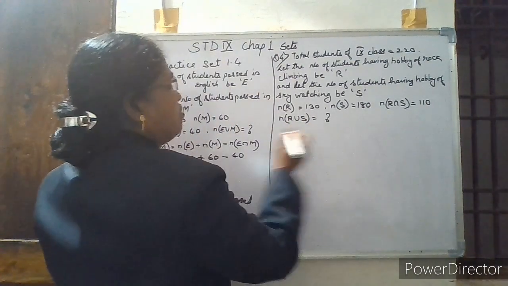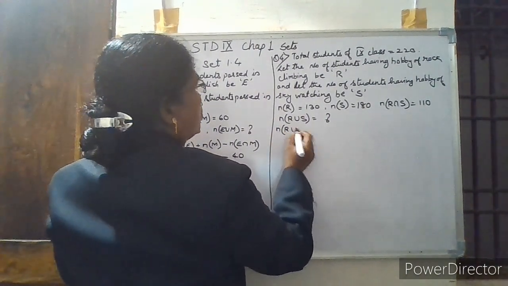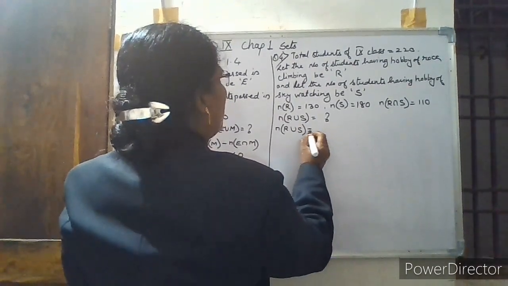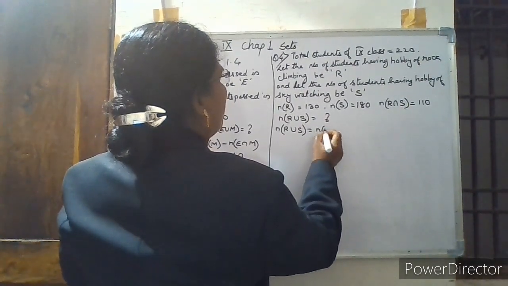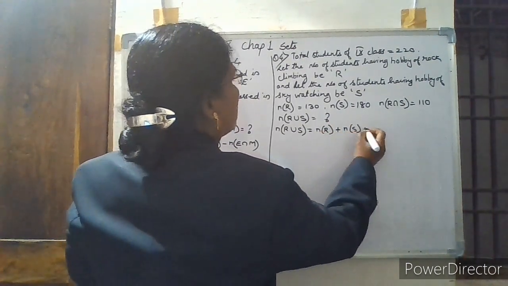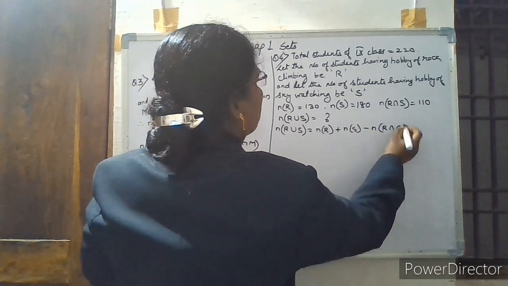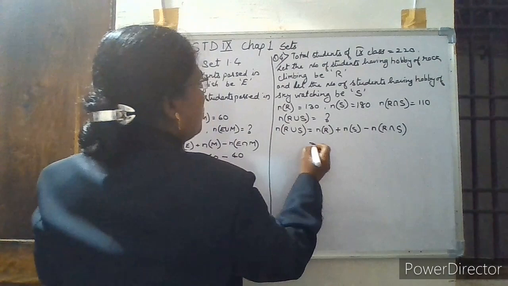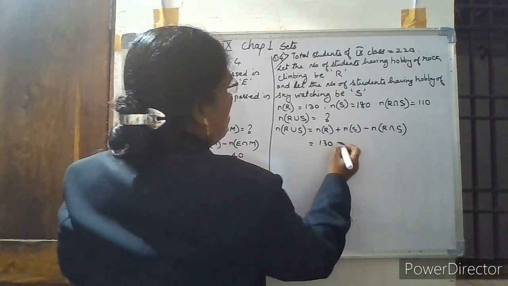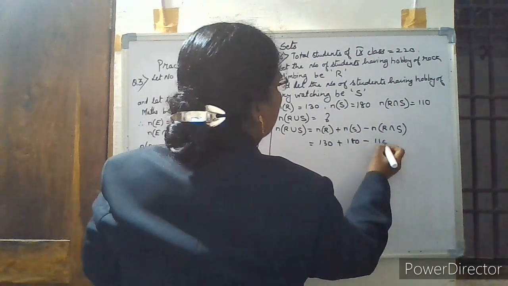So let us write the formula. Number of students of R union S is equal to number of students of R plus number of students of S minus number of students of R intersection S. So now, number of students of R is 130, plus this is 180, minus 110.